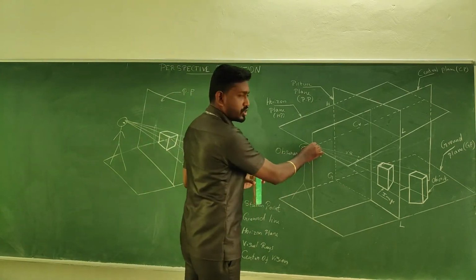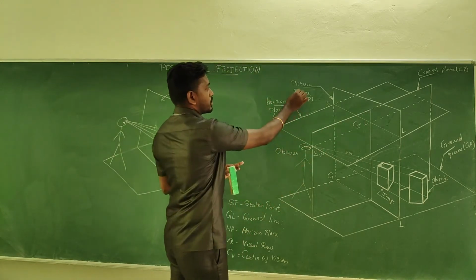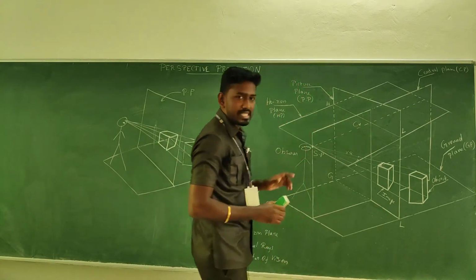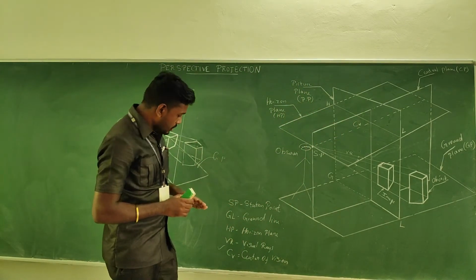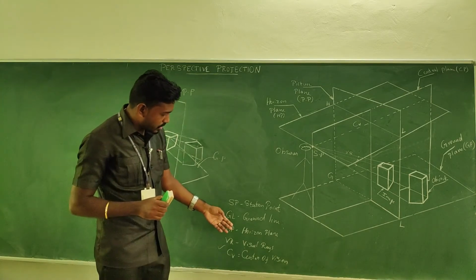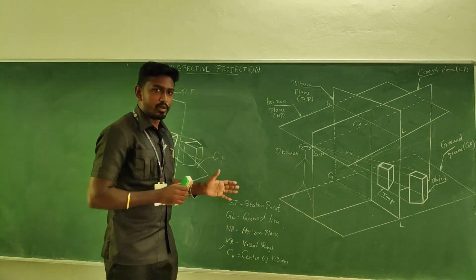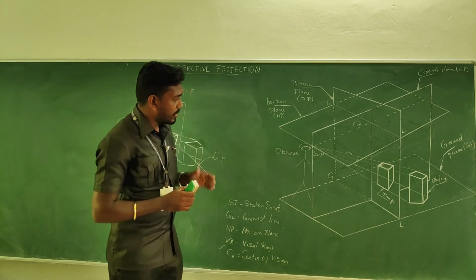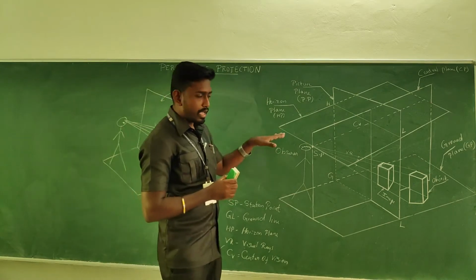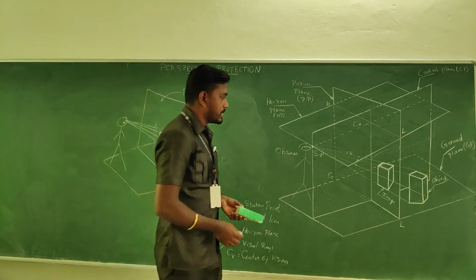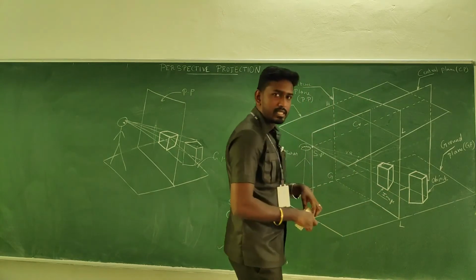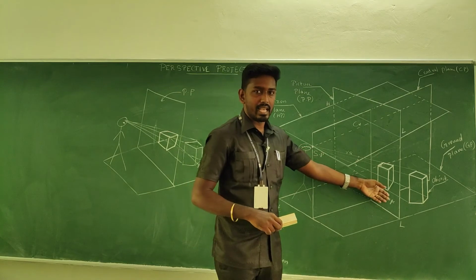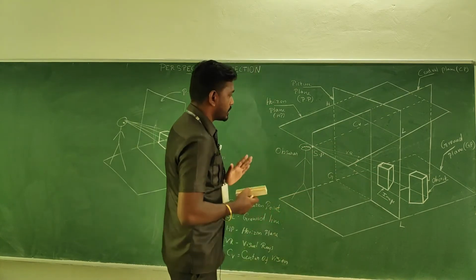Okay, the point at which the axis of vision passes through the picture plane, we call it the center of vision, right? Any other things? HP means horizontal plane. Both are right. That is here in the start of the terminology I taught you. And this is the object, and the picture obtained on the picture plane we call the image. Okay, right.